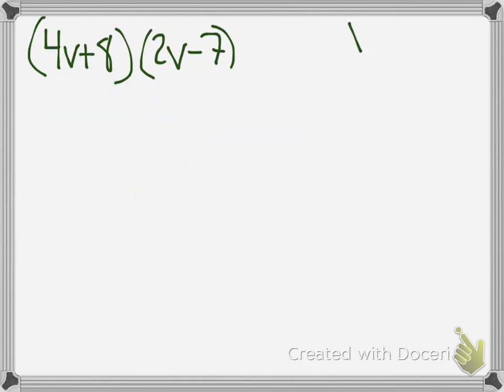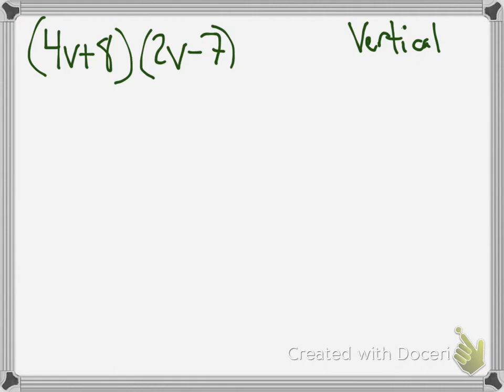So the first method, when I want to multiply two linear terms or polynomials, is to multiply them out using what I call the vertical method. It should be similar to two-digit multiplication.